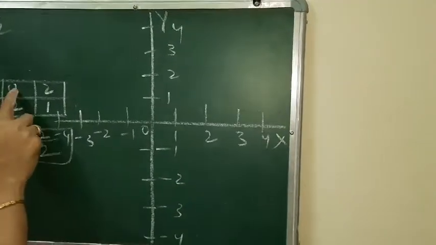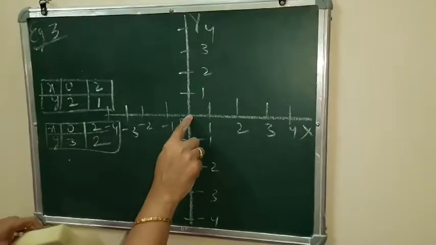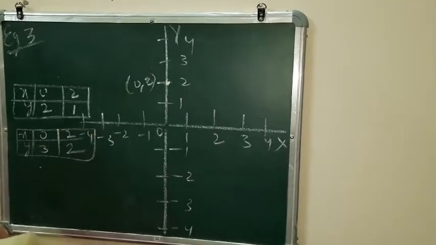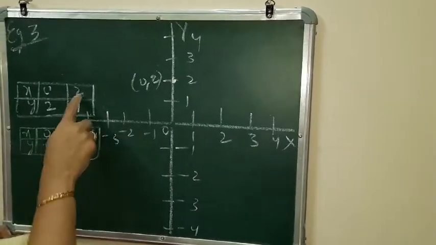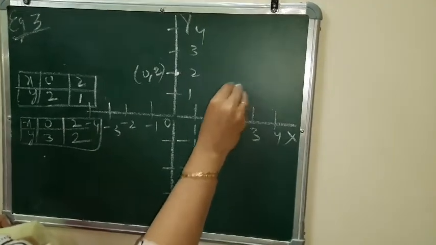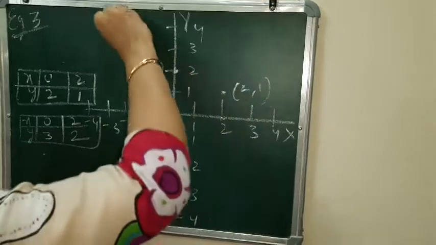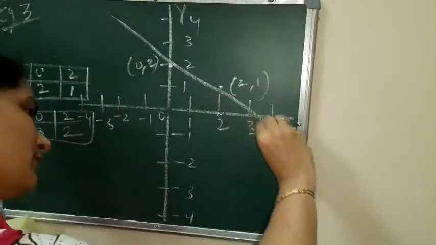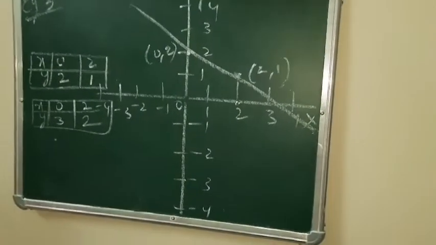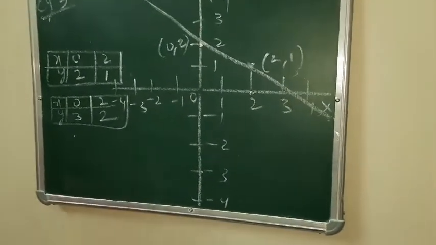My x is 0, y is 2. On the straight line of x 0, move till point 2, 0 comma 2. This is my first point. x 2, y 1. Then join these 2 points with an extended line. This is my first graph of a linear equation.